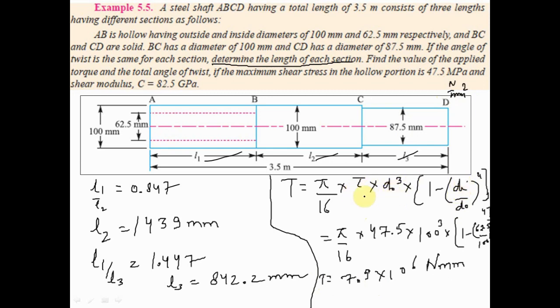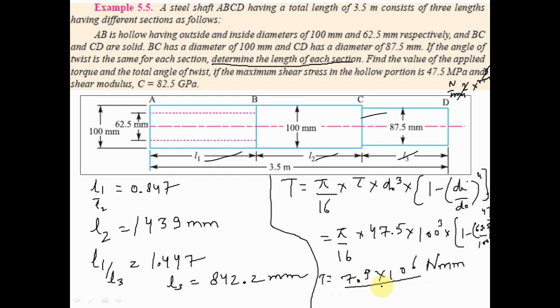So Newton per millimeter square for tau, and millimeter cube for d outer to the power 3. So this gets cancelled, and it will be Newton millimeter. Whatever value you get, 7.9 into 10 to the power 6, this will be in Newton millimeters. So this is the torque corresponding to this maximum shear stress.